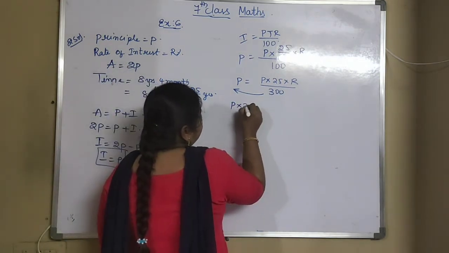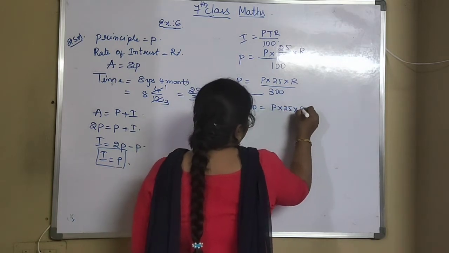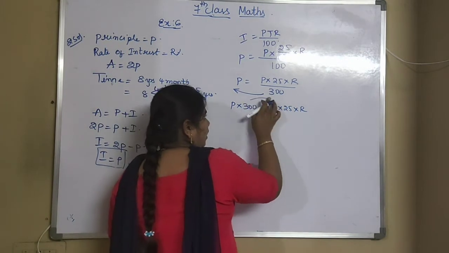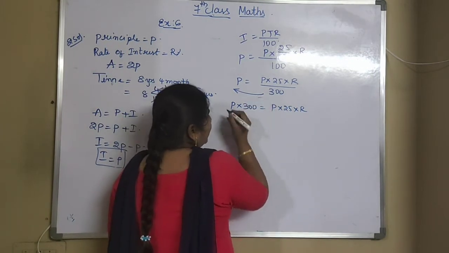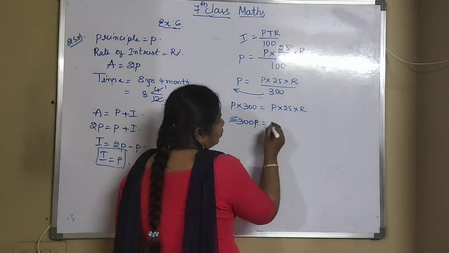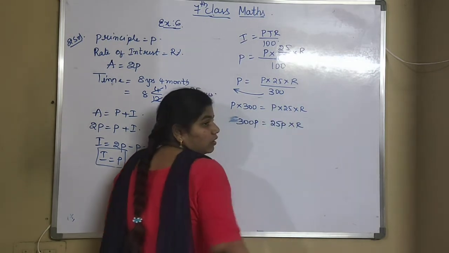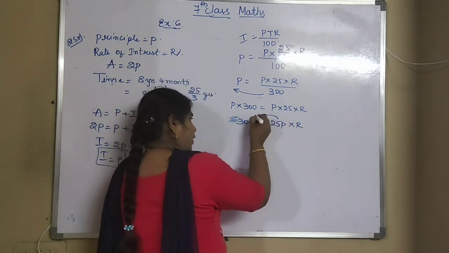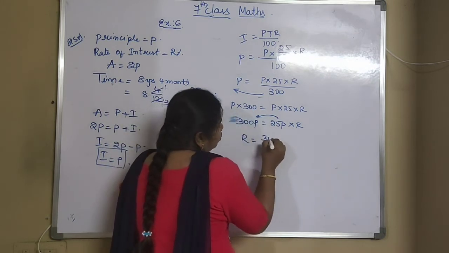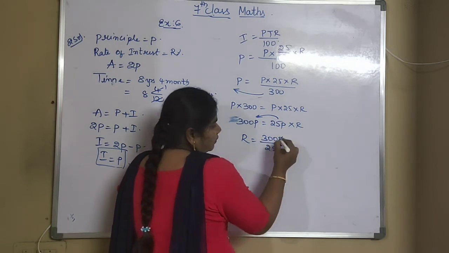So P into 300 is equal to P into 25 into R, that is 300P is equal to 25P into R. Now I am sending this 25P to the other side, which converts into division. So R is equal to 300P by 25P. Here P will get cancelled.